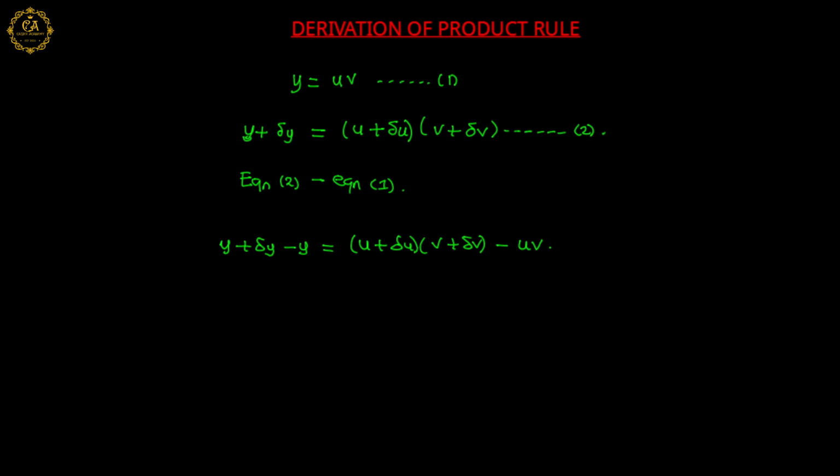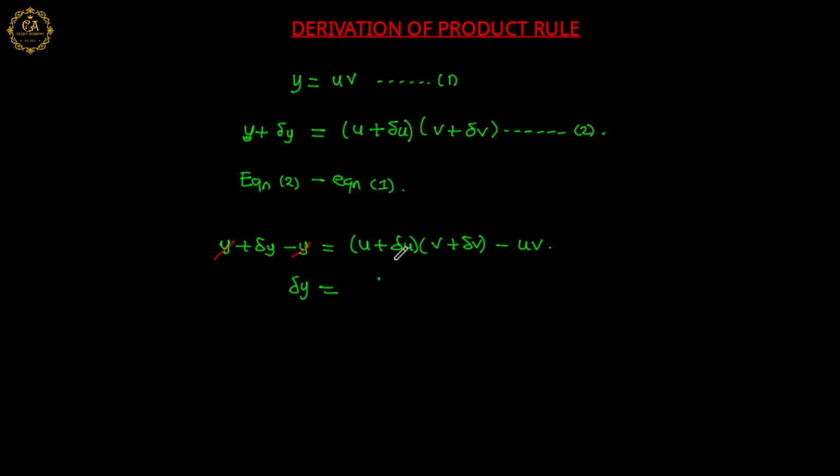We notice that on the left hand side, the positive y will cancel with the negative y, and the only quantity left here is delta y.